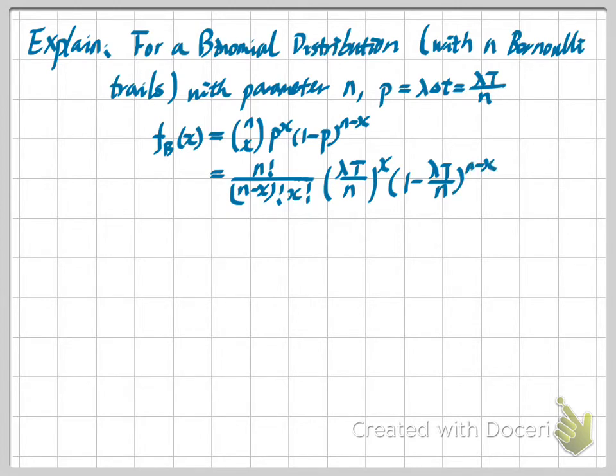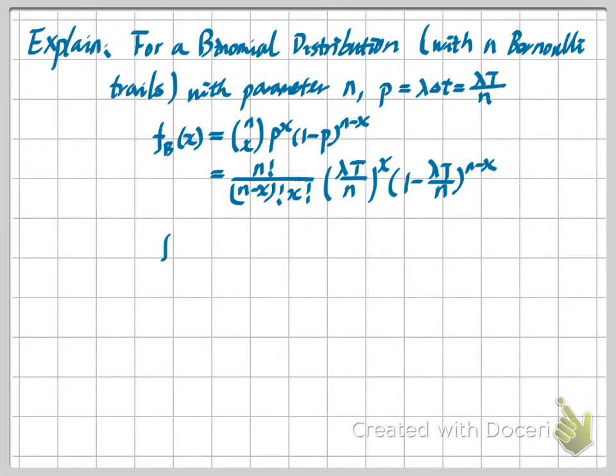Okay, so now we have the equation of our binomial PMF. And as I said, we can use the n-trial binomial distribution to approximate our Poisson distribution. The method is that we set n goes to infinity.